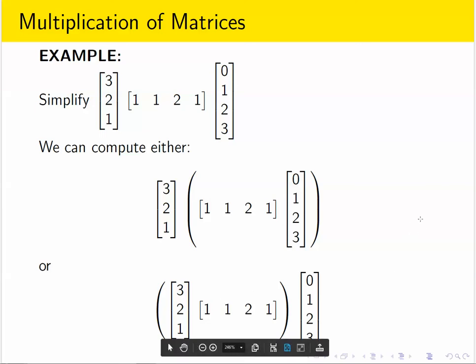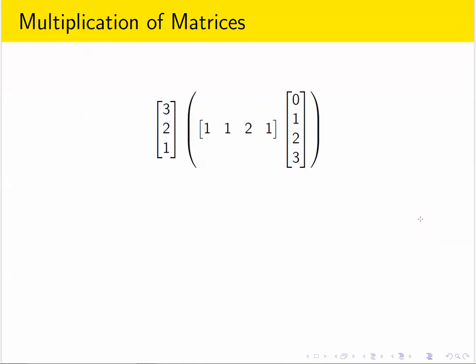So what happens then? Well, if I do it the first way, the result of a 1 by 4 and a 4 by 1 is 1 by 1. So then I just have to multiply this 3 by 1 and 1 by 1 together, giving me an answer.